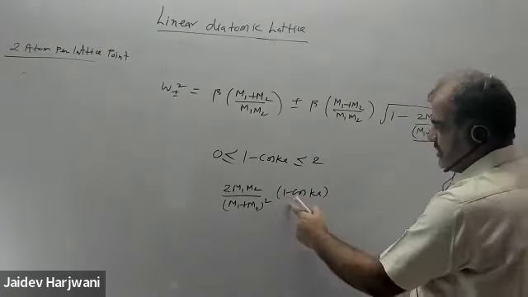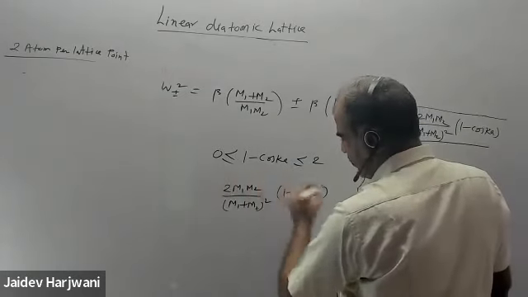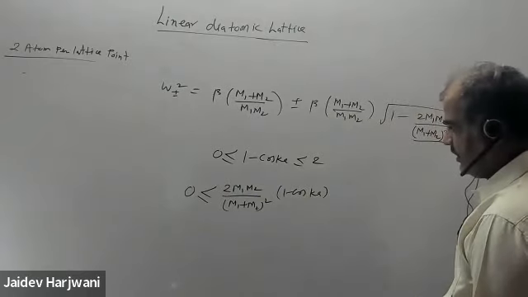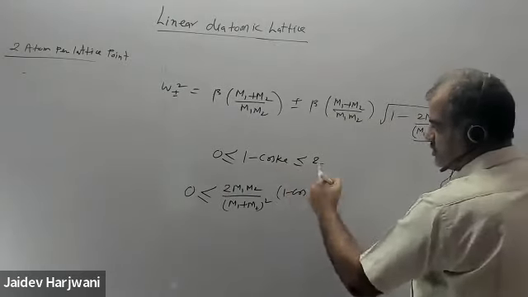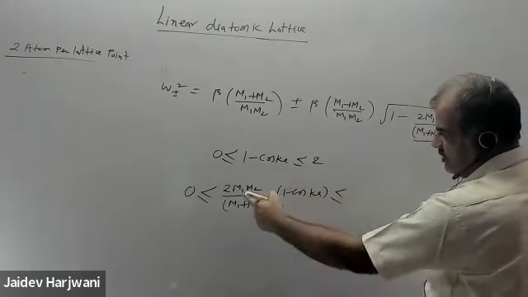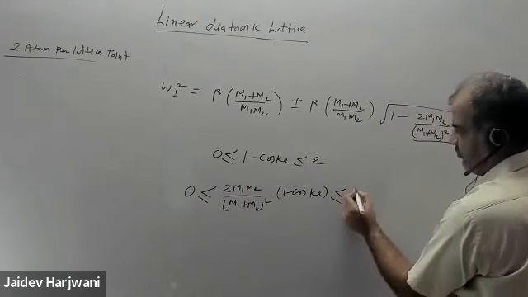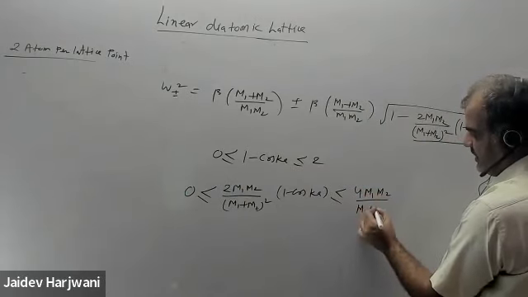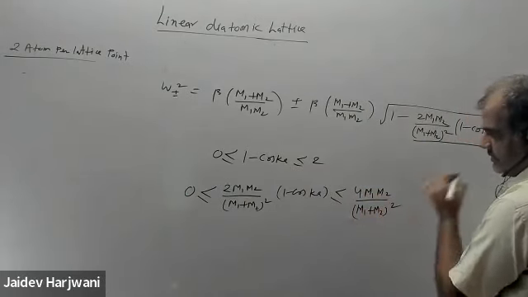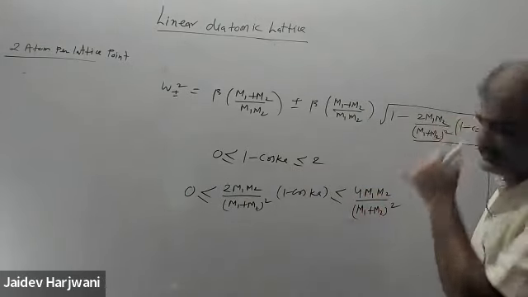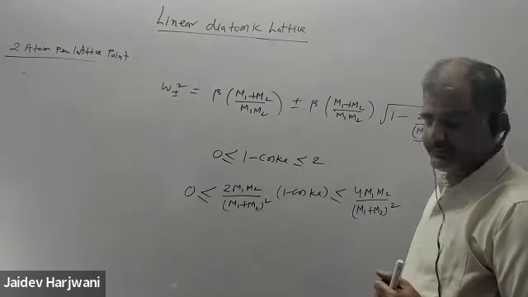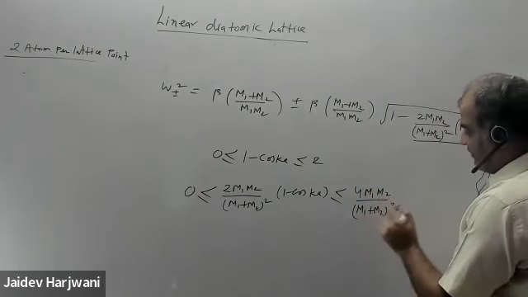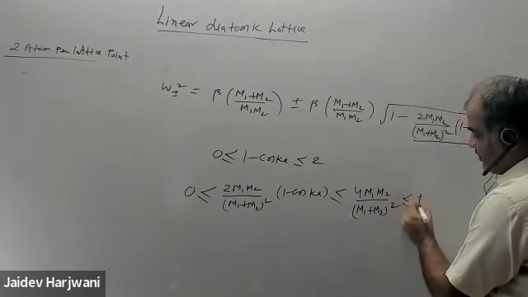When 1 minus cos k is 0, this whole term is 0, and when 1 minus cos k is 2, the maximum value of this term is 4 m1 m2 upon (m1 plus m2) whole square. Can I write like this? Yes, sir.